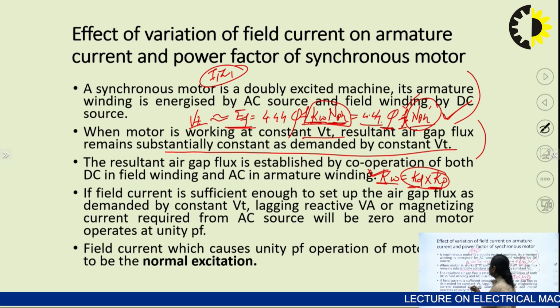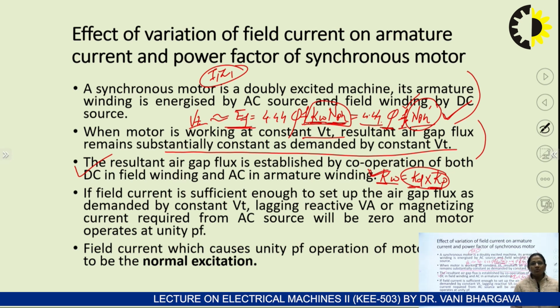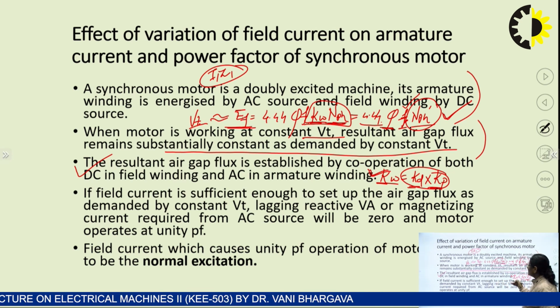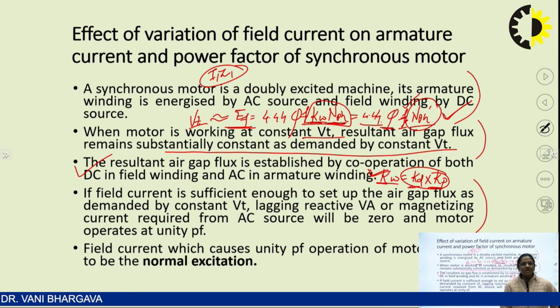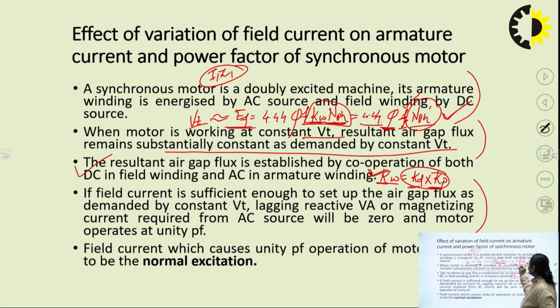Now, let us see. The resultant air gap flux is actually established by cooperation of both the DC given to the field winding and the AC given to the armature winding. If the field current given to the field winding is sufficient to set up flux phi in the air gap of the machine, we say that the motor is normally excited.